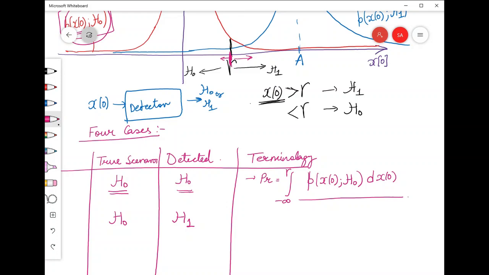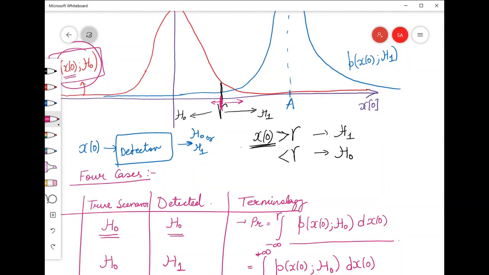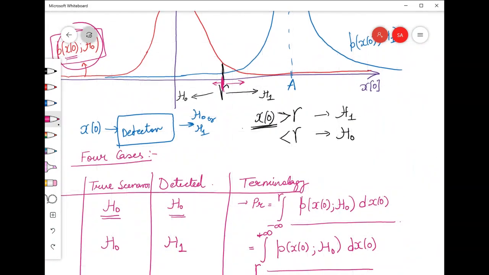The probability of detecting x0 to be greater than gamma is going to be from gamma to plus infinity, probability of x0 given H0 dx0. With this probability, you are going to detect hypothesis 1 to be correct, though hypothesis 0 was the true scenario.